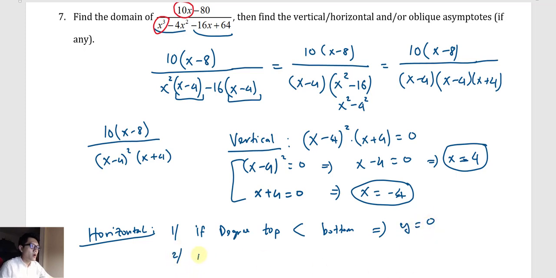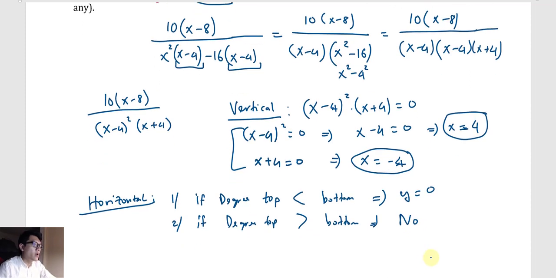Okay. The second case, if the degree on the top is bigger than the bottom, then there's no horizontal asymptotes.